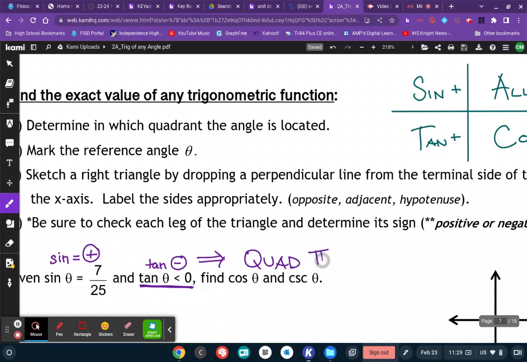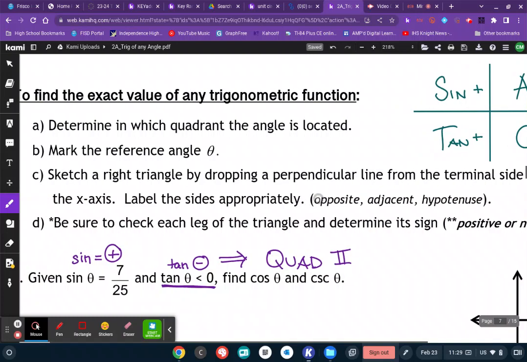Quadrant 2. Yay. All right. So I can check this off my steps. Now it wants me to mark the reference angle. These two kind of go together in the sense that we're going to be sketching a right triangle.